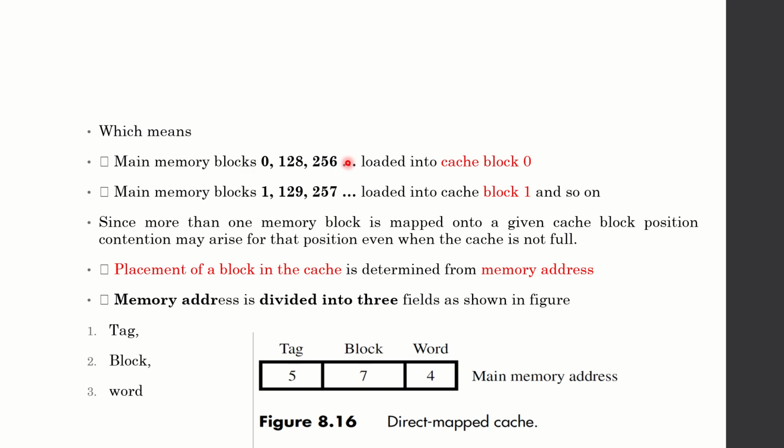If we take block number 0 of cache, either block 0 of main memory will be there, or the 128th block of main memory, or it may be the 256th block. So like that 32 combinations are there. Any one of the 32 blocks can reside in block 0. Which corresponding main memory block resides in that cache memory block is indicated by the tag field.